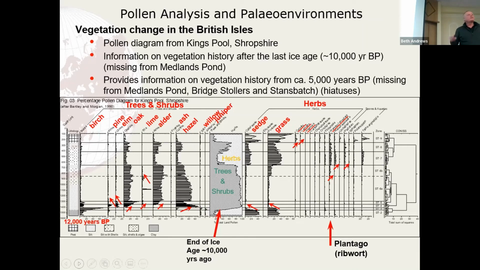It's often been likened to a wall-to-wall environment of trees. A squirrel could go from Land's End to John O'Groats without touching the ground. That's the often quoted analogy. And then we start seeing some dips in the pollen further on.